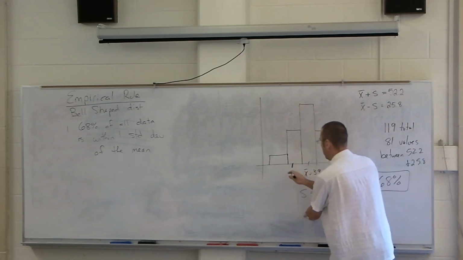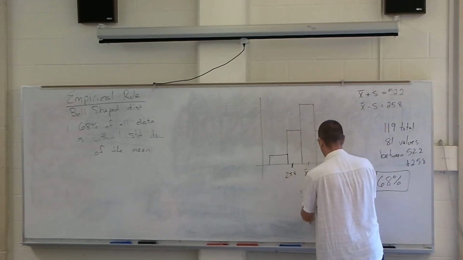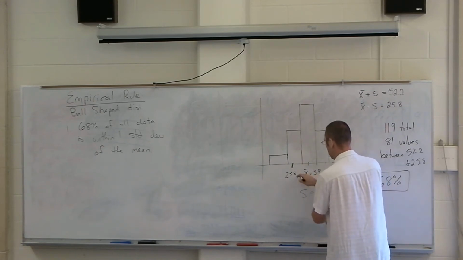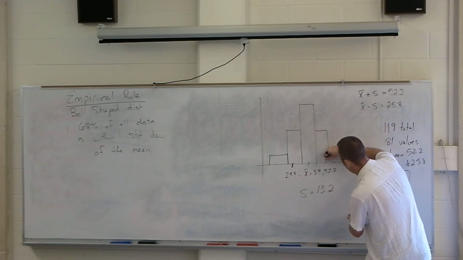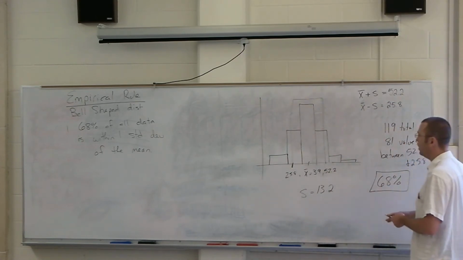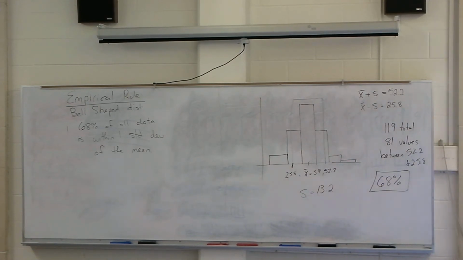In our picture here, 25.8 goes there, 52.2 would go approximately there. If we were to cut off all of our data and just look at the stuff in that one box, the amount of data that shows up in that box is 68%.